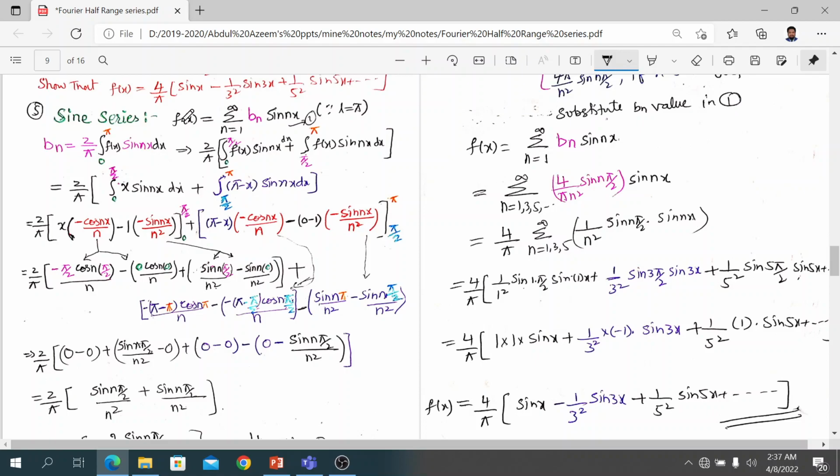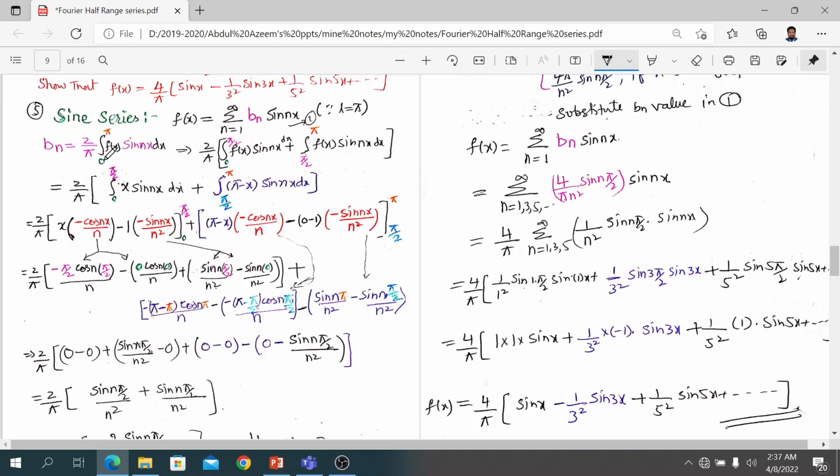Sine series: we know that f(x) is equal to sigma n equal to 1 to infinity of bn sin nx. Mark it as the first equation, where L is equal to pi. The bn value is 2 by pi, integration 0 to pi of f(x) sin nx.